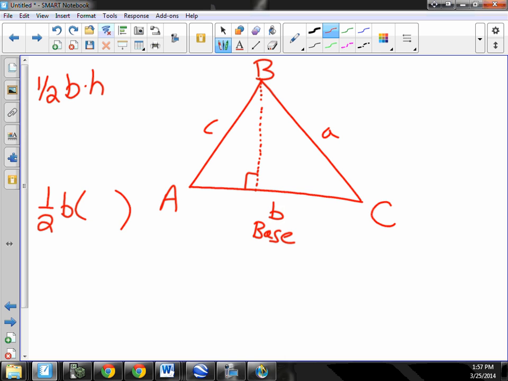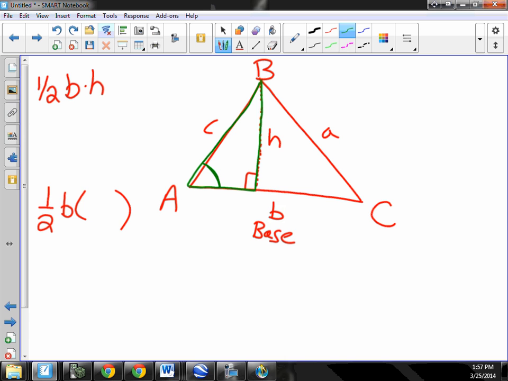Can we figure out what the formula is for the height? Well, let's call this h. How did we do this in a problem a couple minutes ago? In this right triangle, how would I calculate h with the given information inside that triangle? Not cosine.